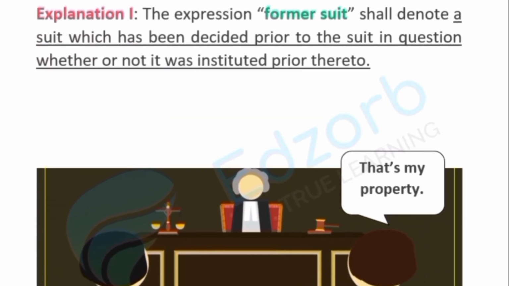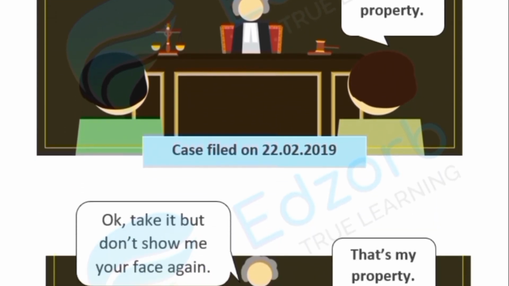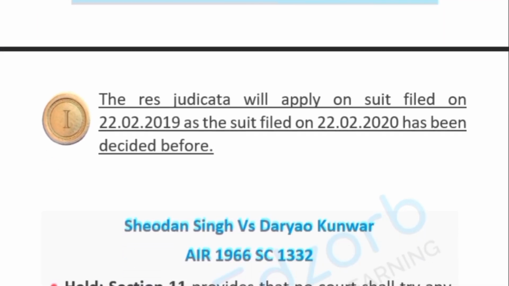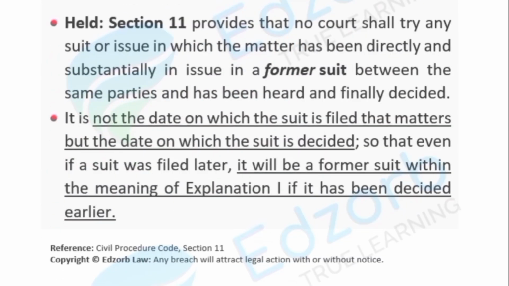We had to simply, in terms of section 11, identify the former suit. The one filed later has been decided prior, so it is the former suit. Therefore, the given statement was false and we had to mark option B.